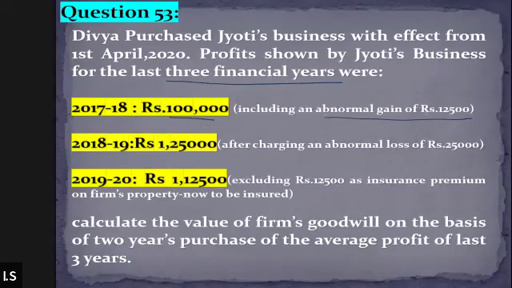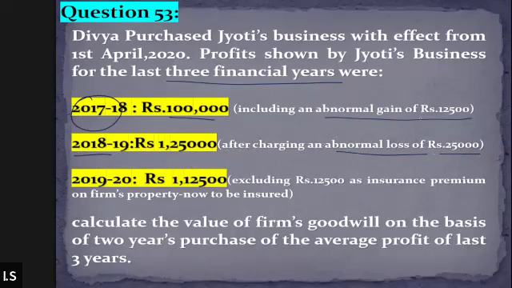So this profit includes the abnormal gain. To find out the normal profit of the business for the year 2017-18, we need to subtract the abnormal gain, right? For the year 2018-19 as well, the profit is 1,25,000, but after charging an abnormal loss. One abnormal loss was subtracted while calculating the 2018-19 profit.